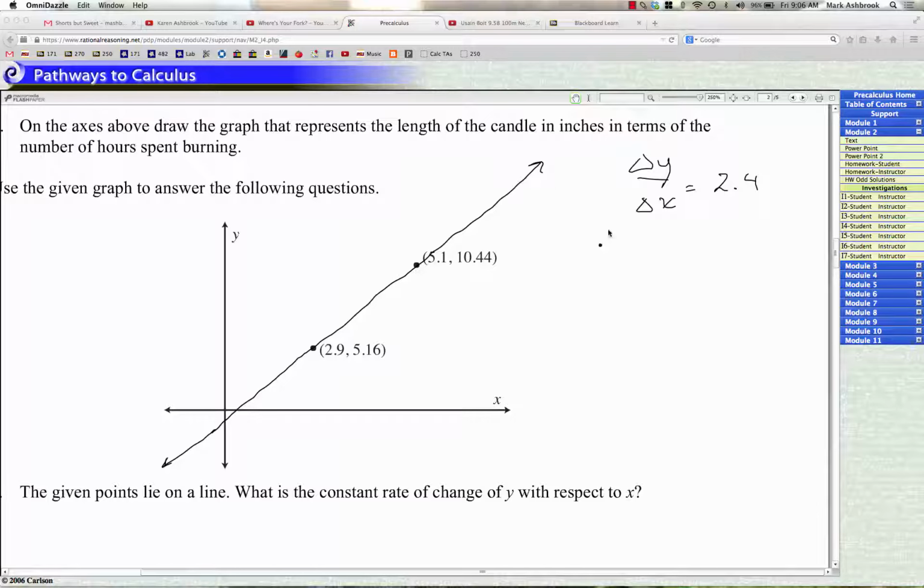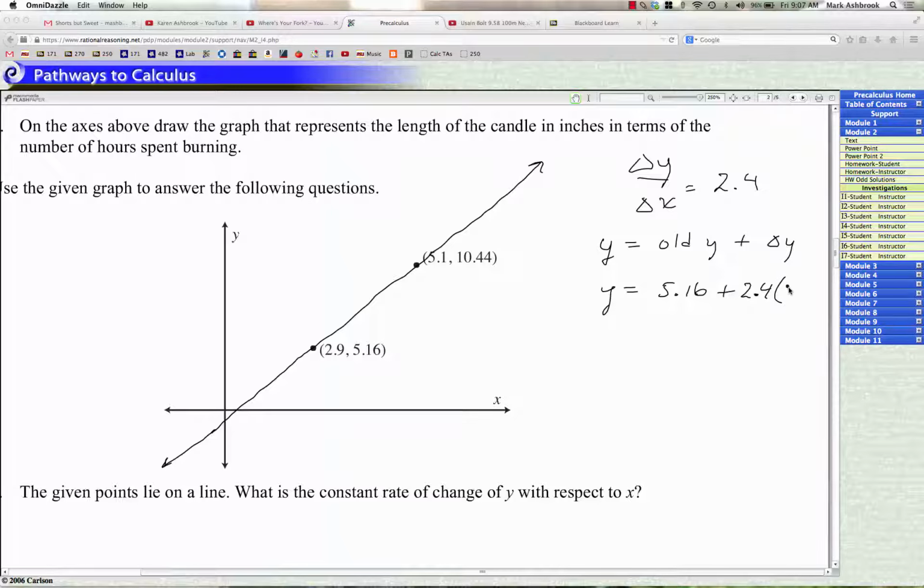Really we say new y equals old y plus change in y, right? What's the old y, if we use this point here? We got the change in y by using the constant rate of change: change in y was our constant rate times the change in x.